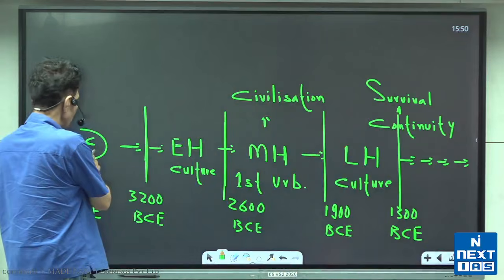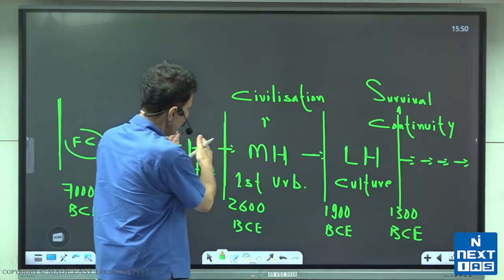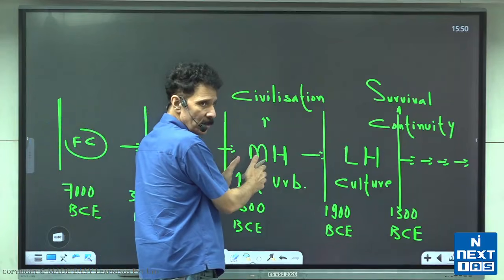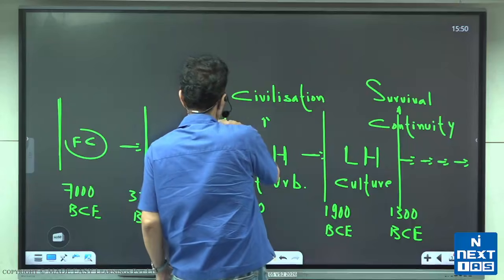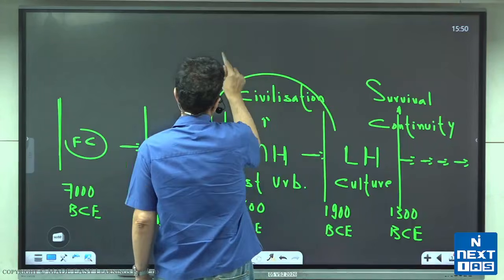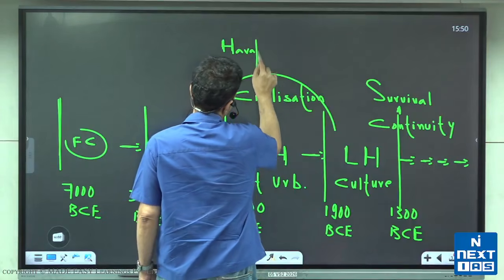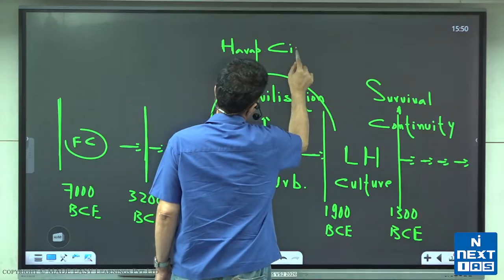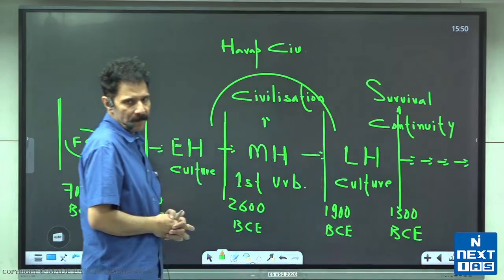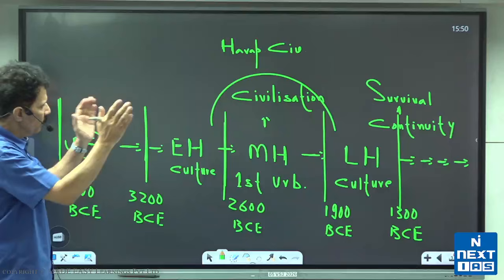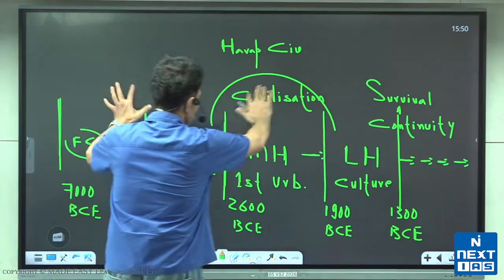Neolithic farming communities to early Harappan culture, to matured Harappan culture, civilization, what we call Harappan civilization. So this phase represents Harappan civilization to late Harappan culture to further continuity. So see, this is the entire topic.